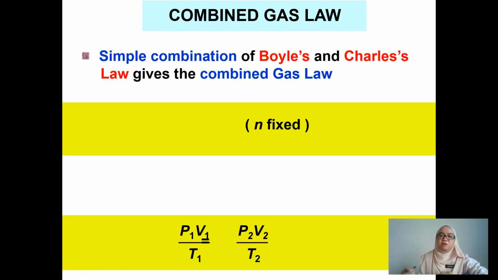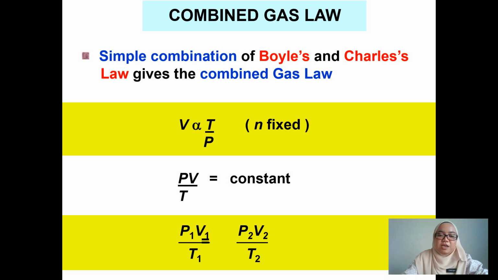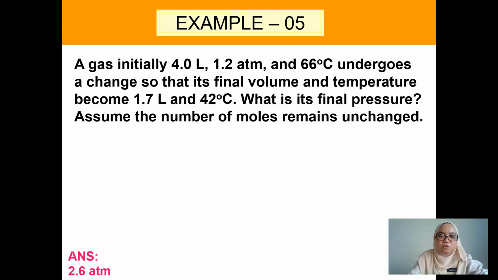Okay, next. So the simple combination of Boyle's and Charles' law will give you the combined gas law. So V is directly proportional to T over P, where n is fixed. Then we convert this: PV over T is equal to a constant. And P1 V1 over T1 is equal to P2 V2 over T2.